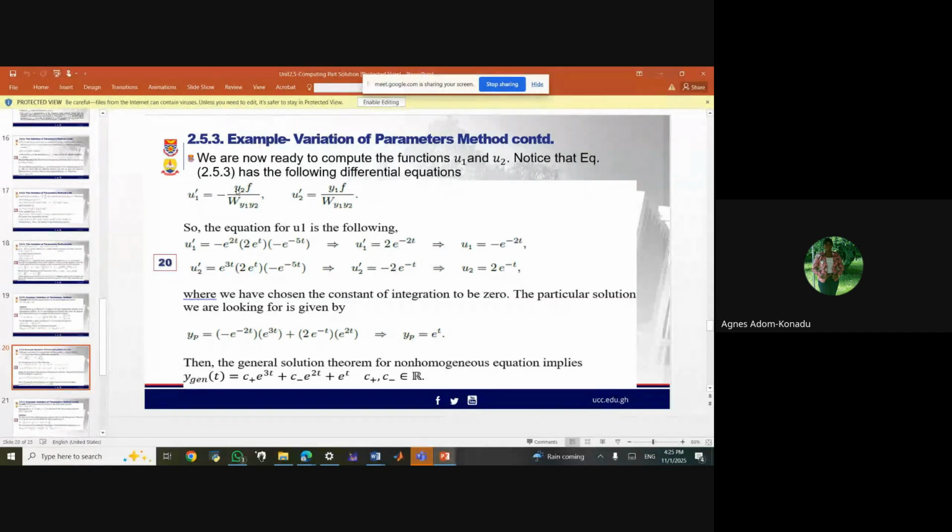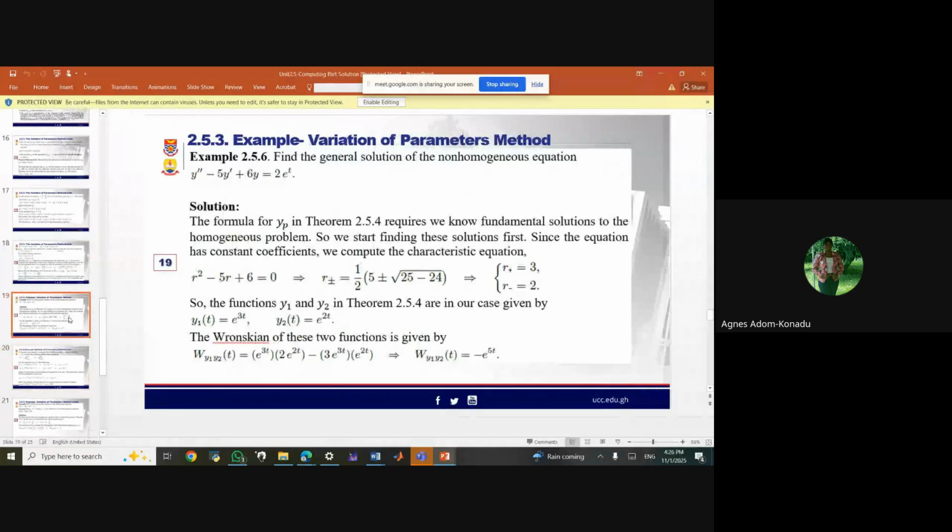The y2 is e to the power 2t, and my f is 2 e to the power t, the b of x here.